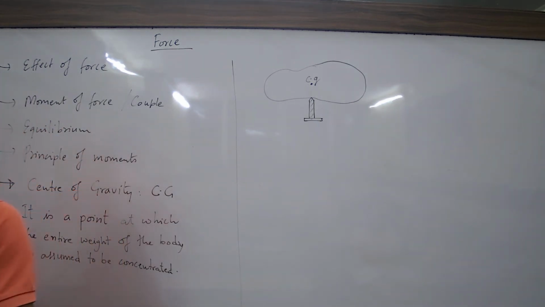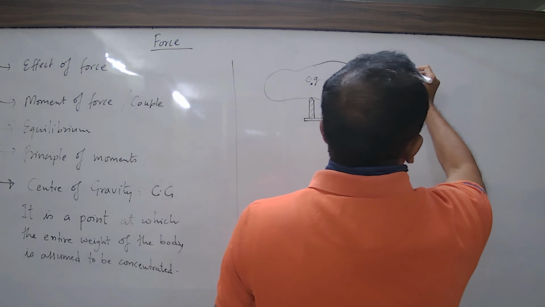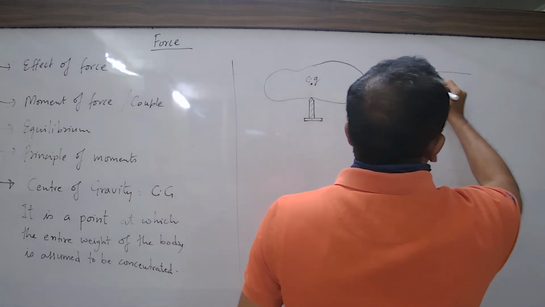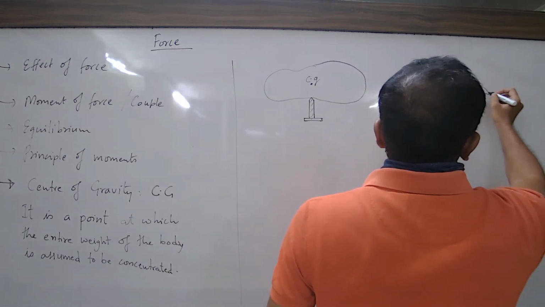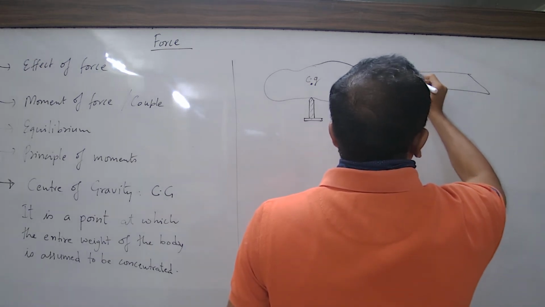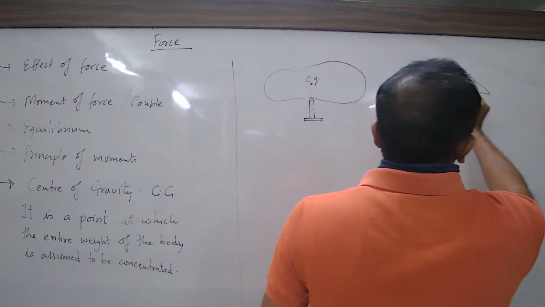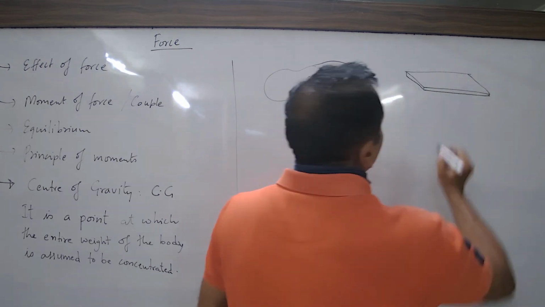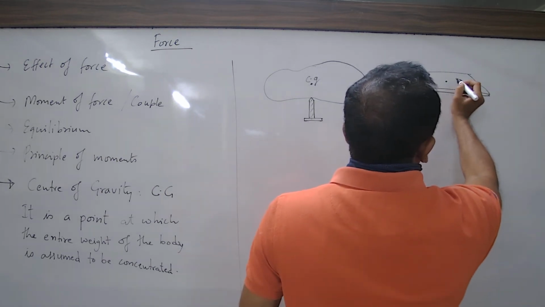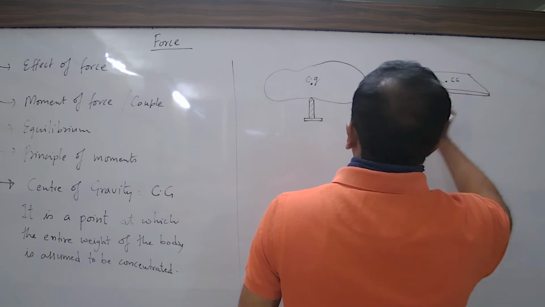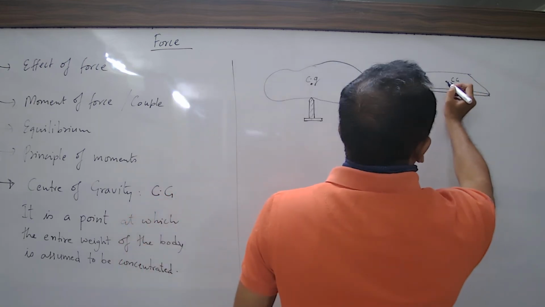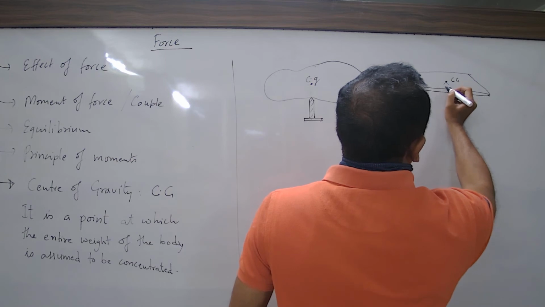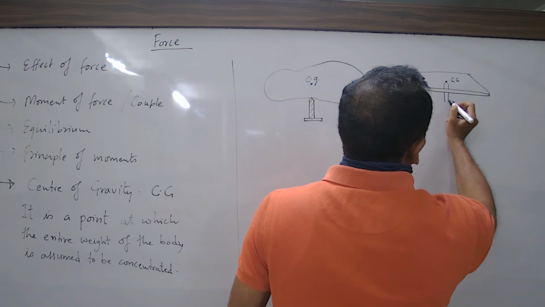Like if I know the CG of the notebook, I can balance it at the tip of my finger. Let us say this is a notebook or any rectangular wooden plank. If I know that its CG is over here, I can actually balance it on a tip of a nail, or tip of my finger.